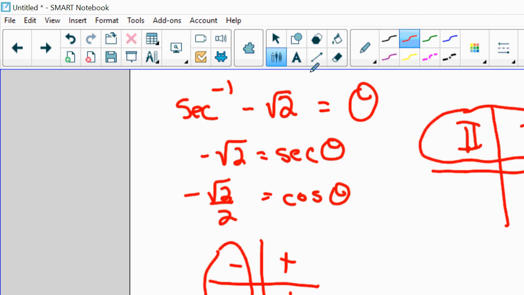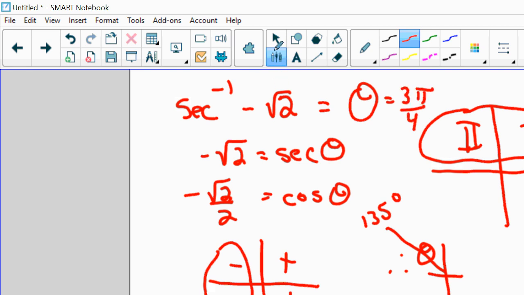Inverse makes sense in the first and second, therefore theta is in the second. We know that's at 135 because we have the unit circle memorized. If you don't, you should memorize it. Therefore, the answer is 3 pi over 4 because radians are cooler.